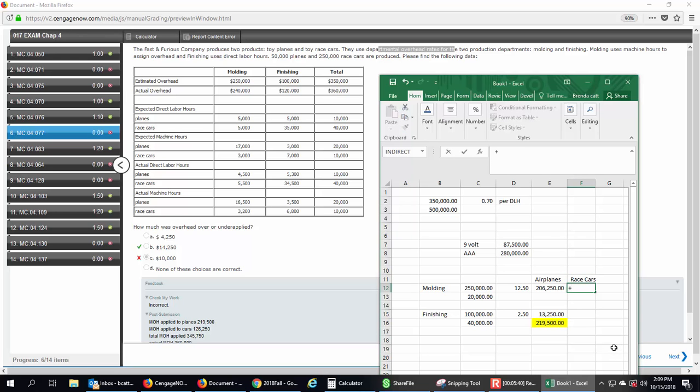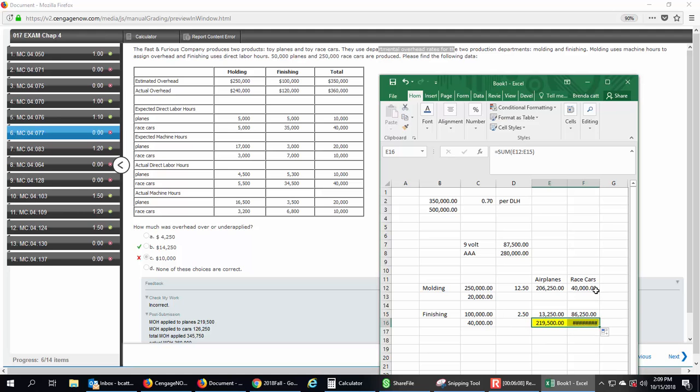The race cars was that much a piece times molding department, actual machine hours, 3,200. Race cars, finishing department, 34,500 at this many a piece.